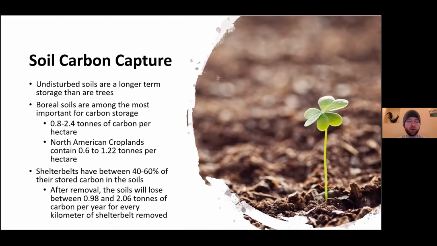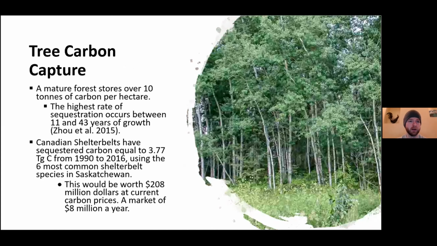So removing the land, not only do you stop that carbon storage process, you're also releasing a lot of carbon into the atmosphere. Certain other areas are really helpful as well, such as wetlands, which can contain peat, which is a huge carbon store. So we'll be talking about that a little further on.